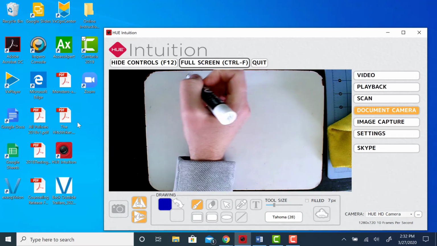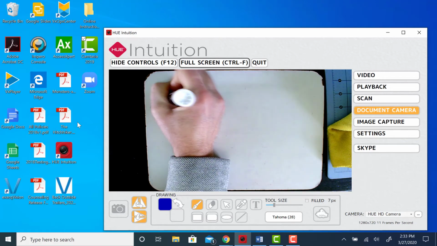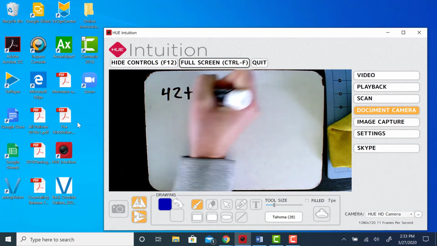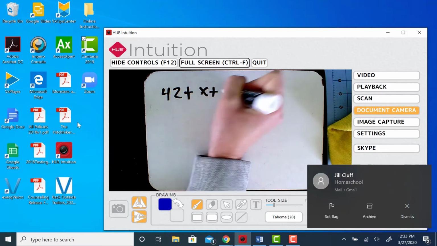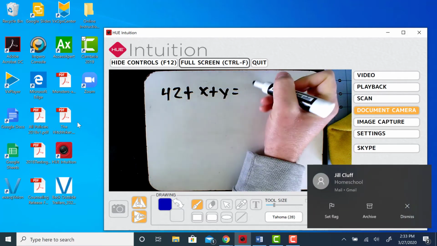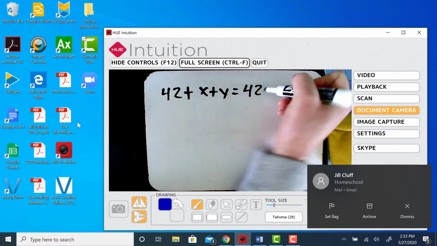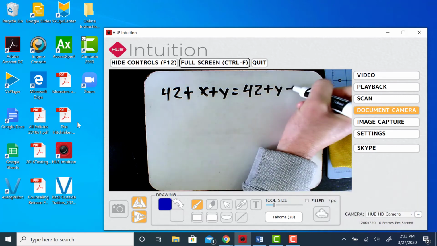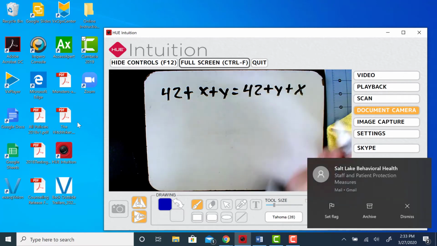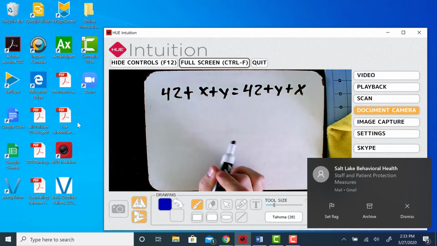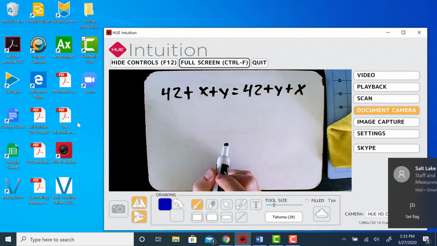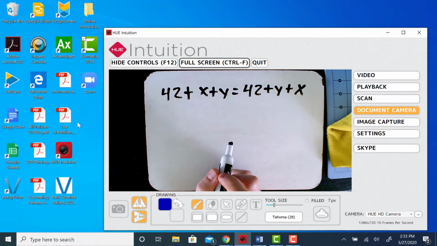Let's say I've got 42 plus x plus y. I'm saying that this one is equal to 42 plus y plus x. Now, if I'm looking at this, what property has been applied on this particular example?